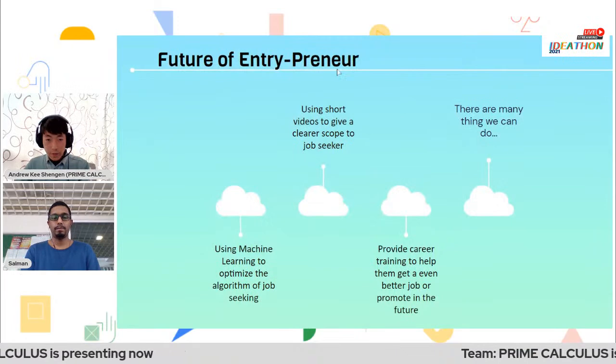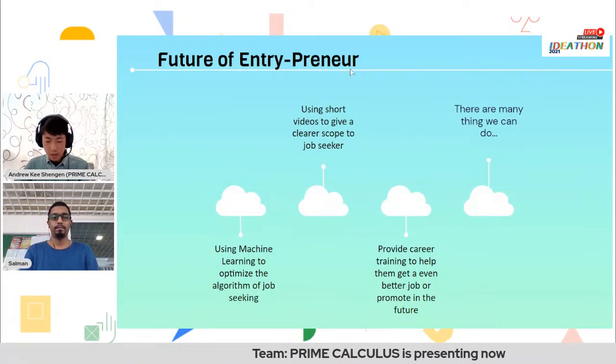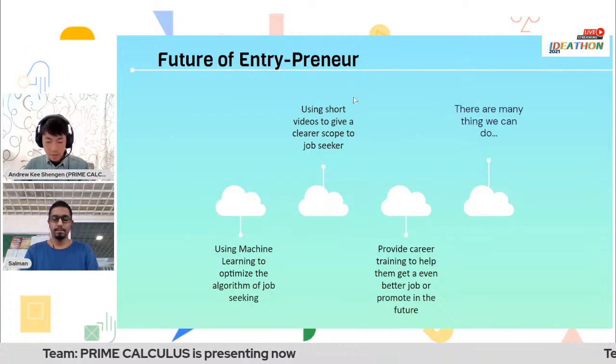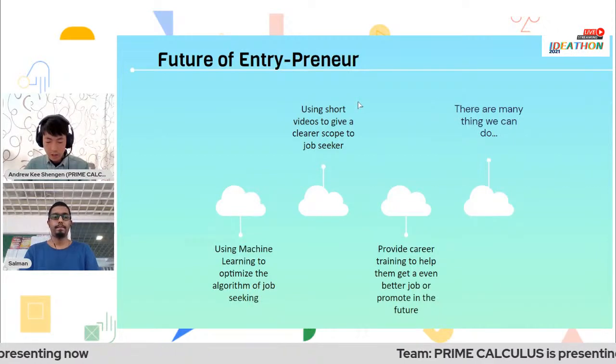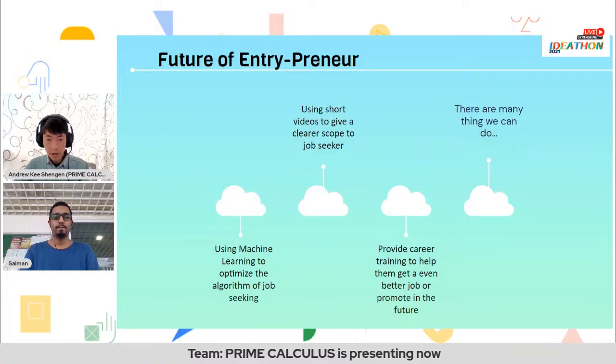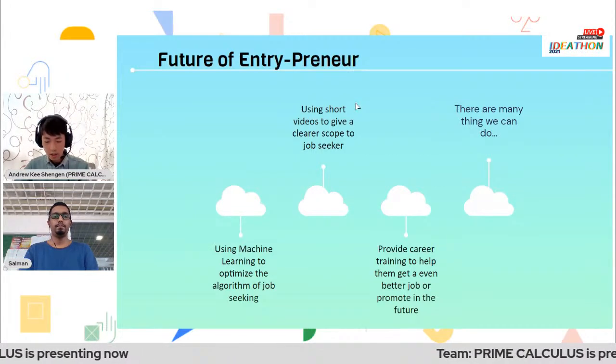The future of Entrepreneur: we're aiming to provide a better service to both the companies and job seekers. For example, using machine learning to optimize the job-seeking algorithm and maybe also application filtering for HR managers. We may also use short videos to provide them a better and clearer scope.